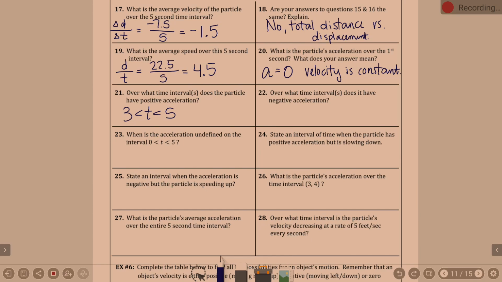What is acceleration on a velocity graph? Acceleration is the slope of velocity, the derivative of velocity. So 3 to 5, because we want positive slope, or where your velocity is increasing.